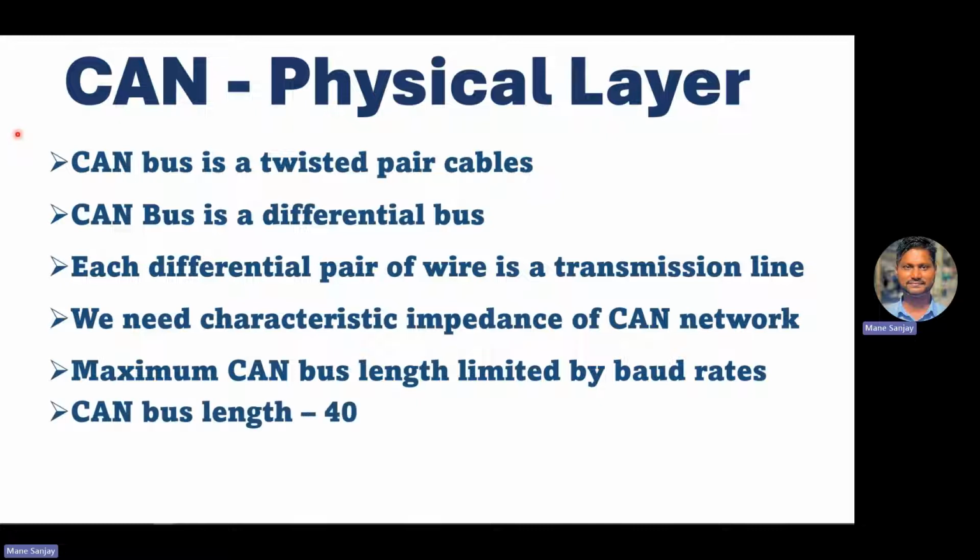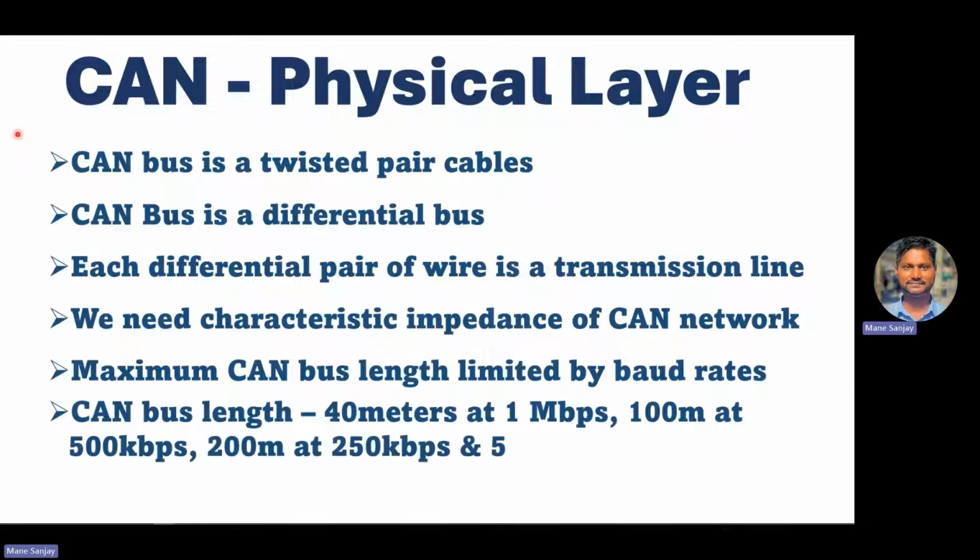So the CAN bus length, basically, when we use 1 Mbps of baud rate, it is 40 meters. When we use 500 kbps baud rate, it is 100 meters. And if we use 250 kbps of baud rate, then we can have 200 meters of main backbone length. And for 125 kbps, we can have 500 meters of main backbone length.